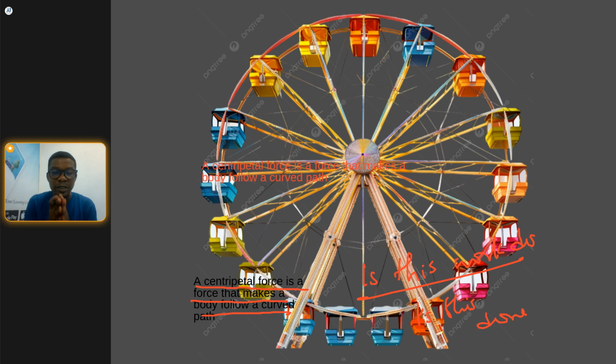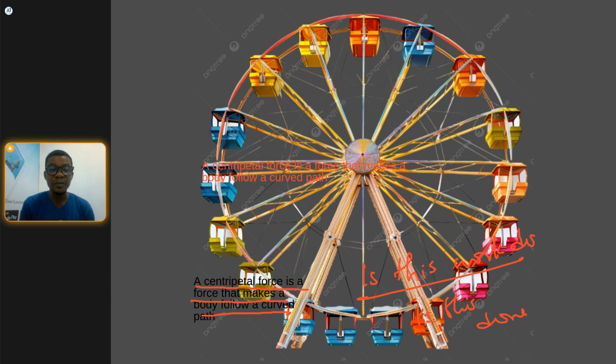What is at work there is centripetal force, a force that moves a body round a curve. Take a car riding round a roundabout. It has not performed any work until a displacement is covered. So take note of that.